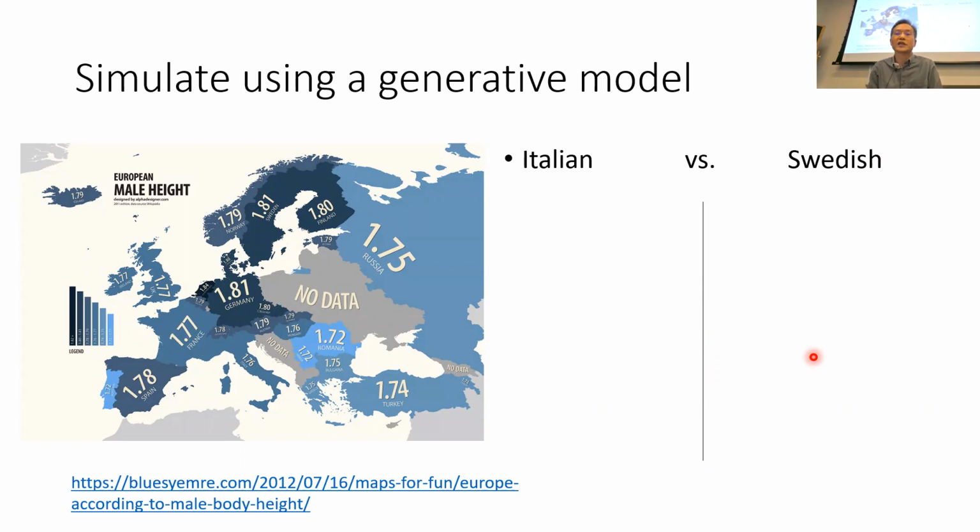I want you to generate the data for Italian men versus Swedish. So we need to come up with some numbers, and I can invite you to come here and write some numbers out here, okay?